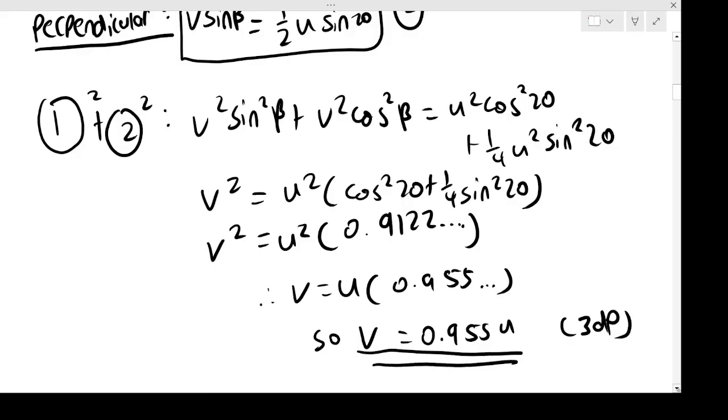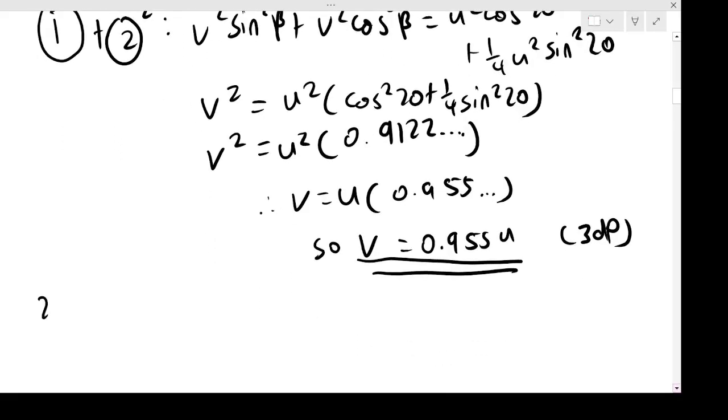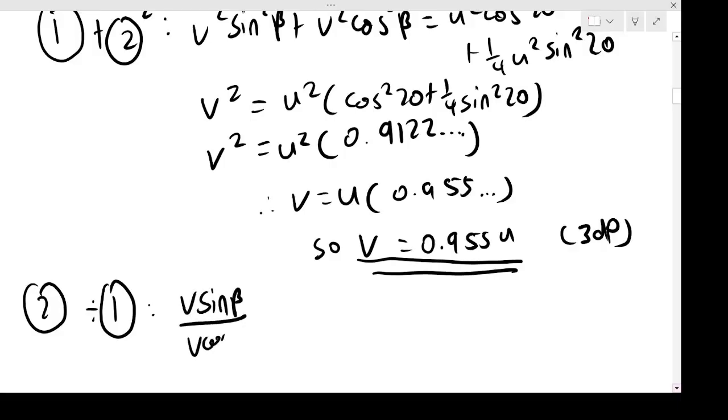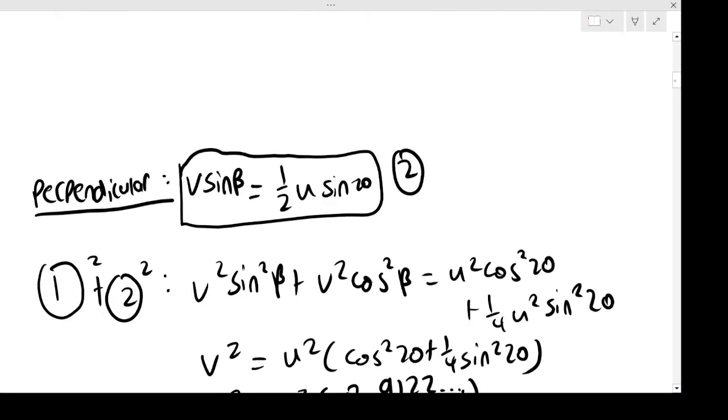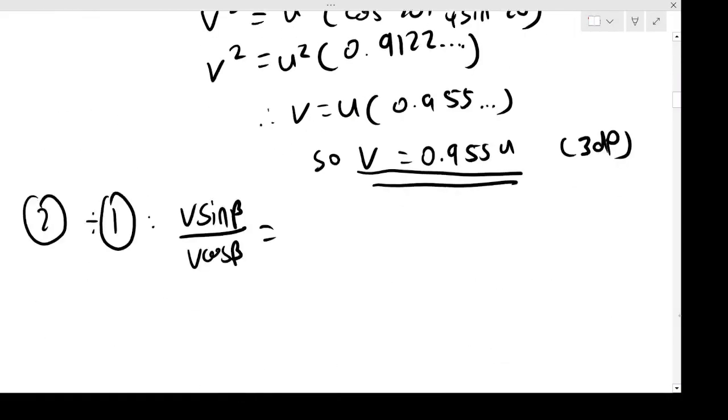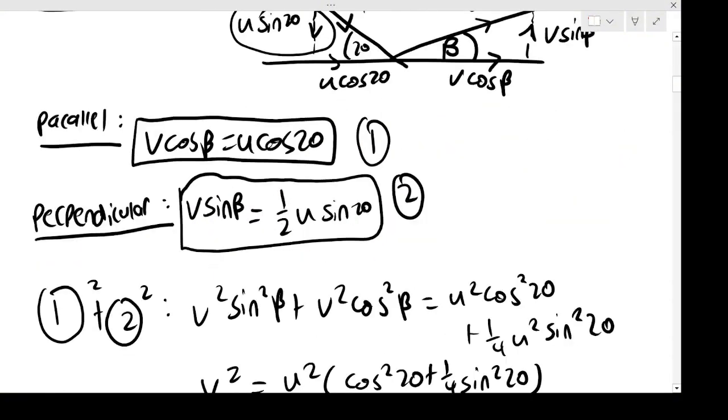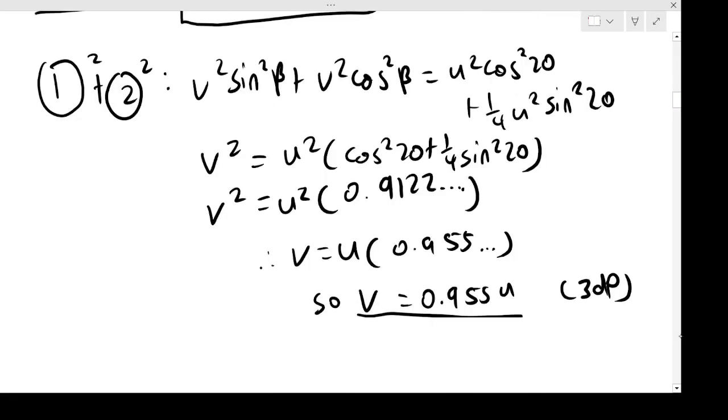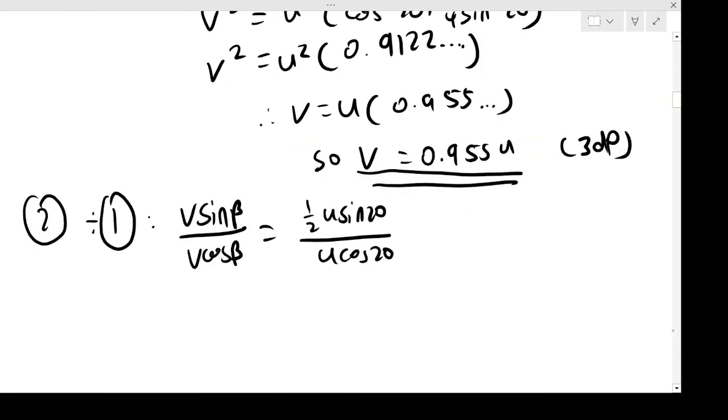Then I can find my angle. So now I can divide the two equations. Okay. And so that's going to get me v sine beta over v cos beta. Now that's going to be a half u sine 20 over u cos 20, right? Hopefully happy that I'm just dividing the second equation by the first one there. Hopefully happy with what I've got here. So this simplifies to tan beta.